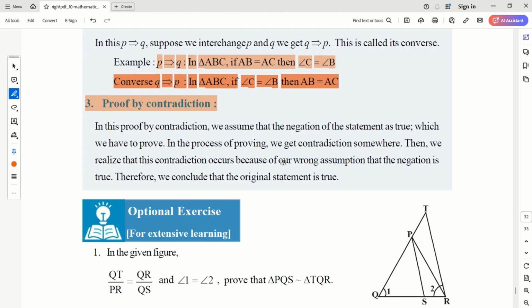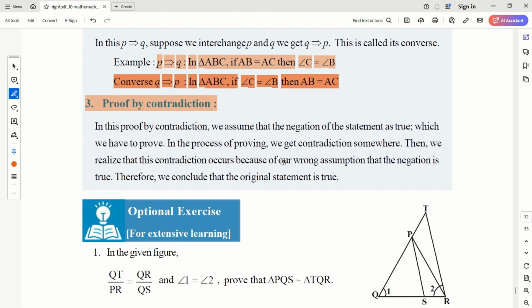So we draw a line by saying, okay, let's assume that the line is not parallel to the third side. So we draw another line and then try to prove it, but a contradiction happened, and we have to conclude that the parallel line is nothing but the same line given, right?